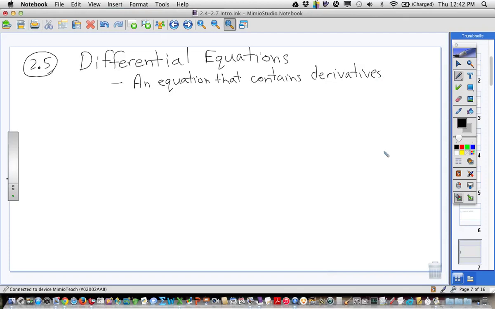And so differential, the word differentiable kind of goes with derivative, right? We talk about a function's differentiable if its derivative exists. Talk about the difference quotient, right? That's part of the definition of the derivative. So differential equation means equation that has a derivative. Just like an exponential equation is an equation that has an exponential function. A log equation is an equation that has a log function. Okay? Differential equation that has derivatives in it.